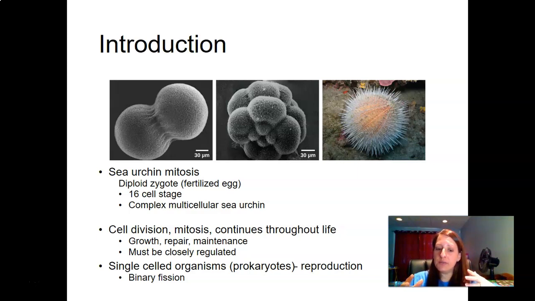When a cell's cell cycle loses that regulation, it can be very, very dangerous. We've all heard of cancer. Cancer is the result of loss of cell cycle control. You have cells that are not supposed to be replicating and dividing that are, for whatever reason, replicating and dividing, usually pretty rapidly. And that's really dangerous.